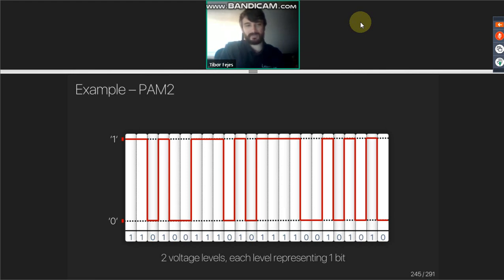However, if we want to send data faster in a PAM2 configuration, then what we have to do is increase the clock speed. If we look at the end of this bit sequence, we've got a lot of transitions. If we increase the clock speed, then the time allowed for the signal to swing between the high voltage and the low voltage gets smaller and smaller.